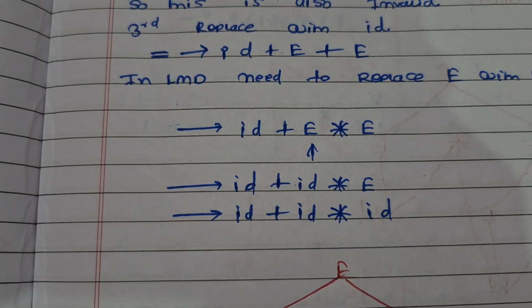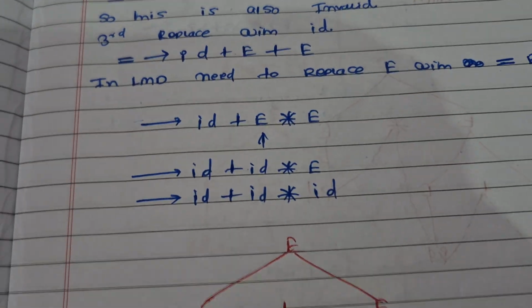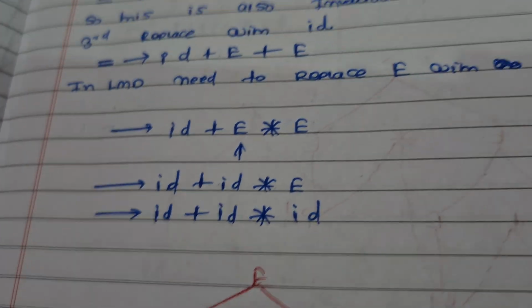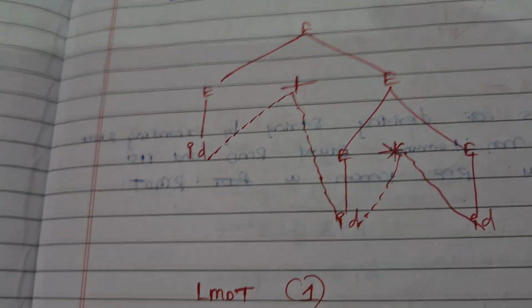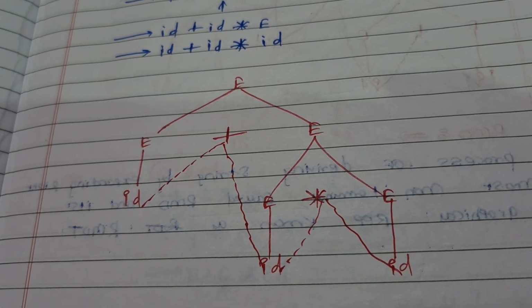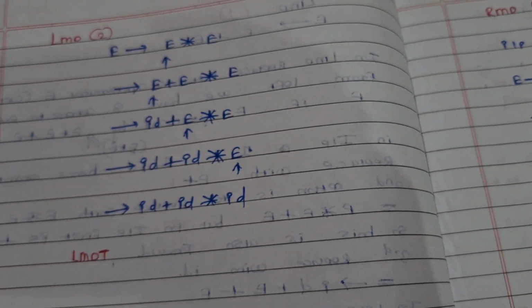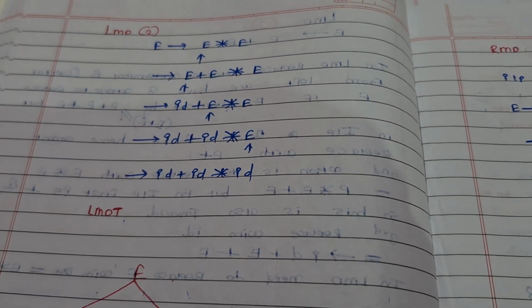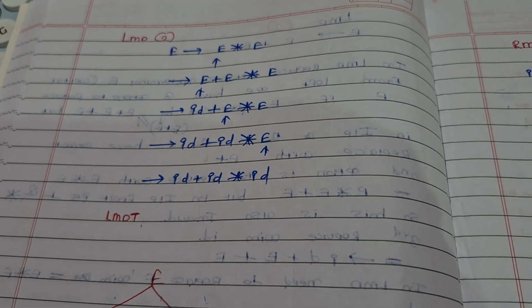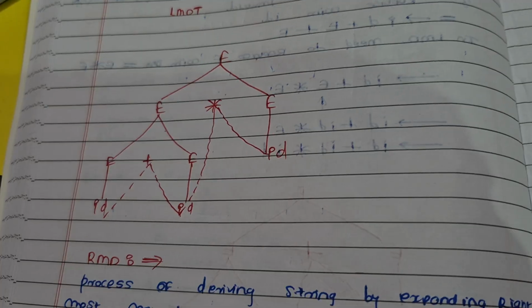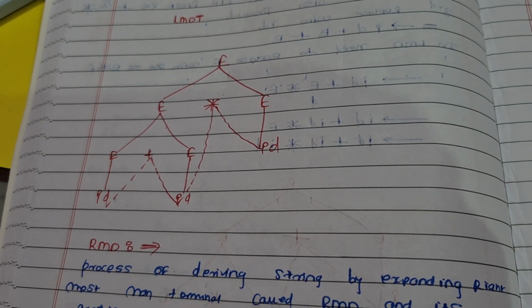It's very easy: whatever capital is present from the left side, you need to replace it. And this is the parse tree for LMD 1. Then LMD 2 is also possible from this. Again, we have taken star into E, and then LMDT is for this.